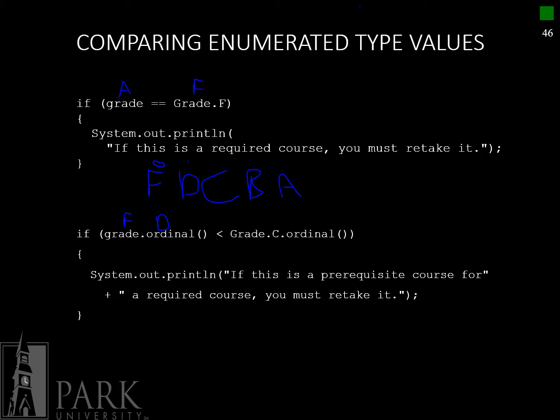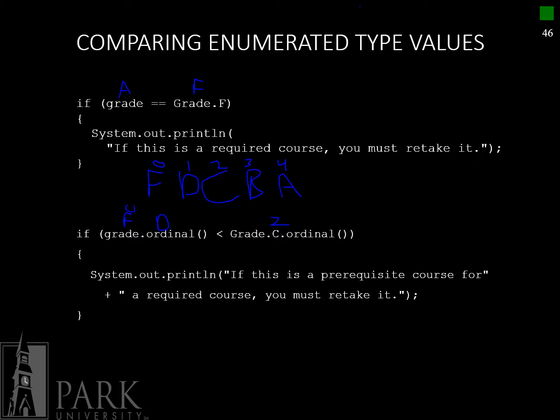The ordinal value of D is 1. C is 2, B is 3, A is 4, right? So if you have less than a 2, then you are not going to be able to take the course because you didn't meet the criteria for passing the prerequisite, right?